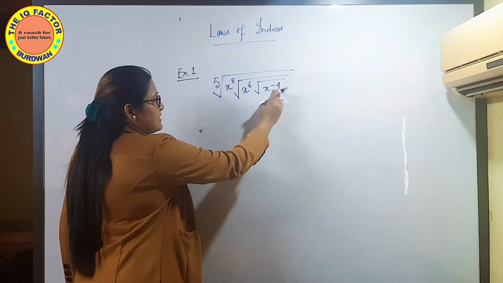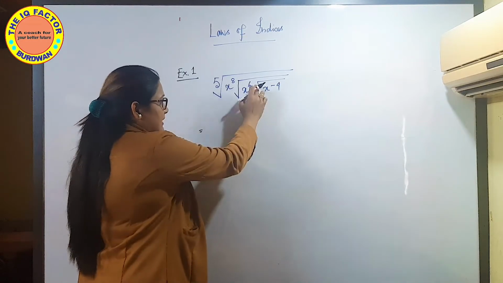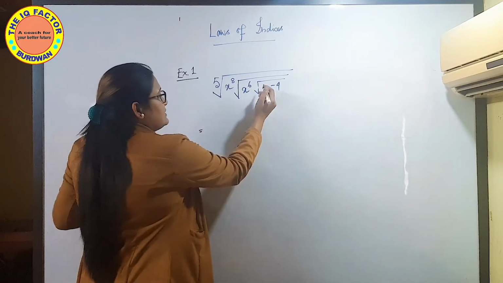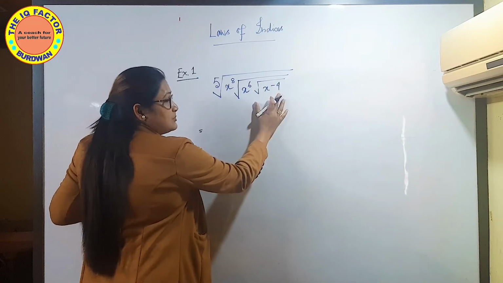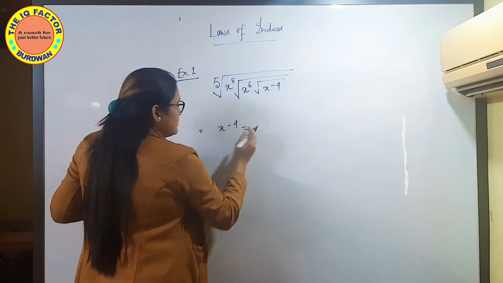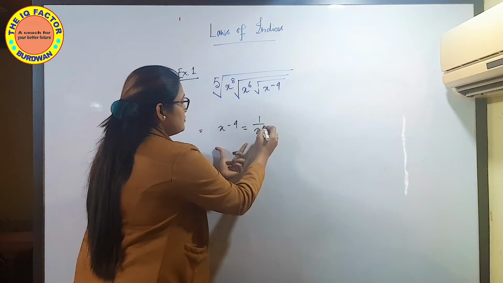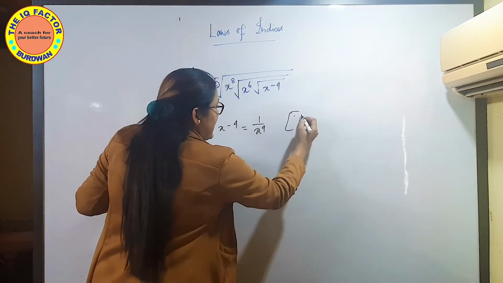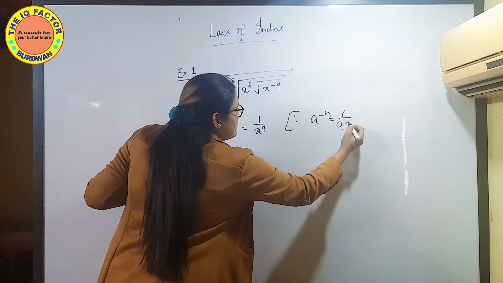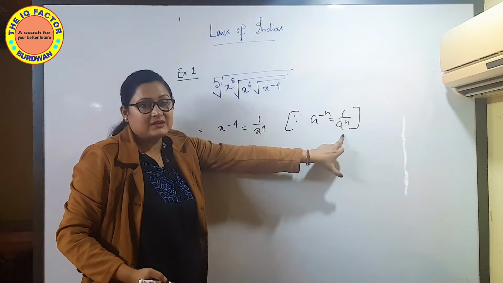x to the power minus 4. What is this? It is the square root. Here, nothing means it is 2, you know. So, it is the square root of x to the power minus 4. First, what can we write for x to the power minus 4? We can write 1 by x to the power 4, as we know a to the power minus n is equal to 1 by a to the power n.